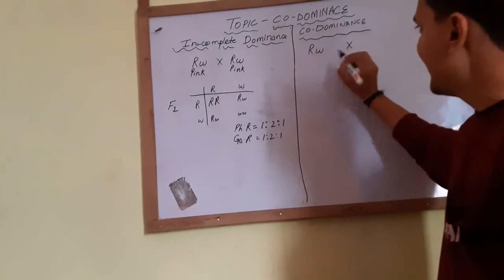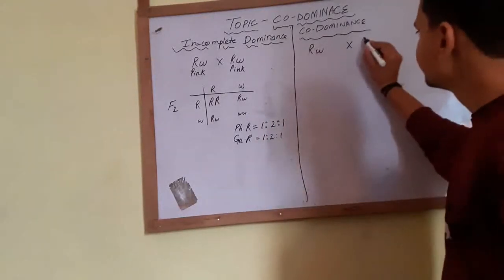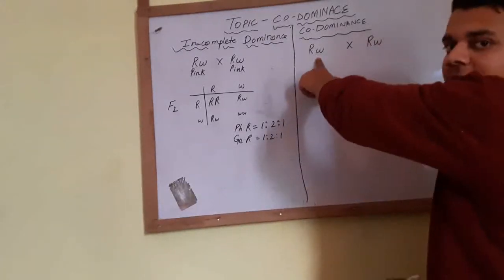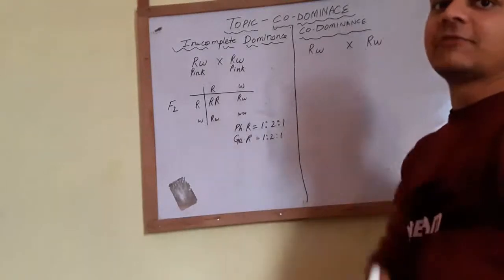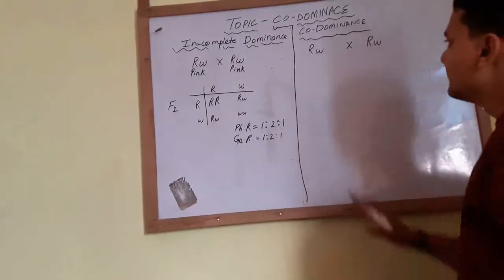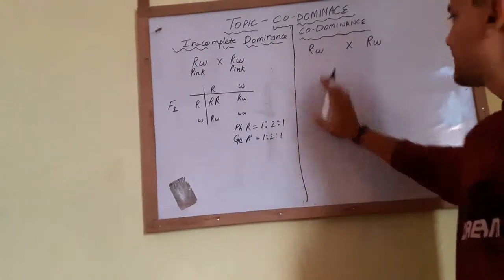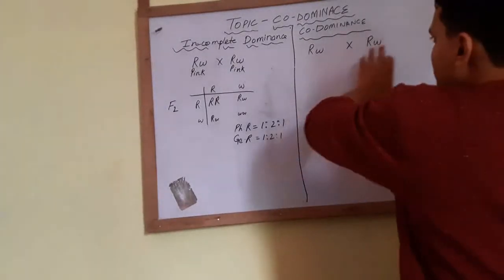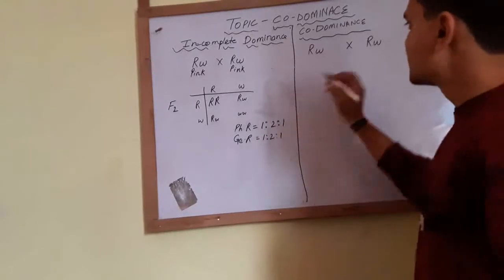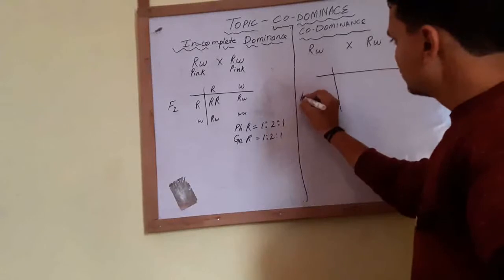The trait that they are expressing is color, but the character they are expressing is, say, a white coat on which red dots are found, right? So this is parent 1, this is parent 2, with white coat and red dots, correct? So these two parents are being crossed. So again plotting them in Punnett square, F2 generation.